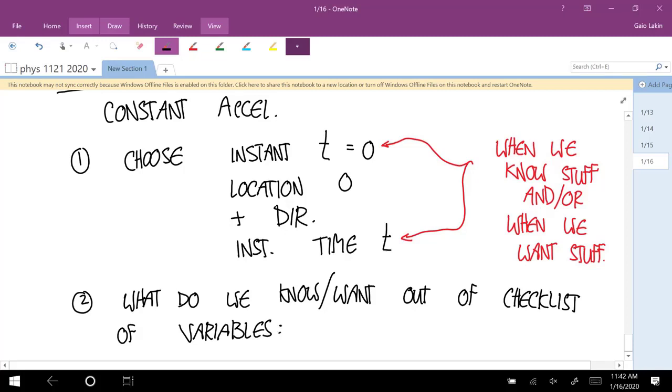And that is T, A, P0, P, V0, and V. Those are all the variables that appear in those three constant acceleration equations.